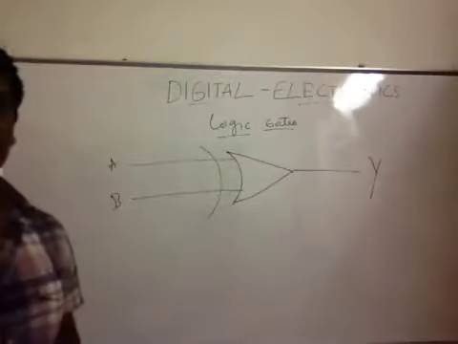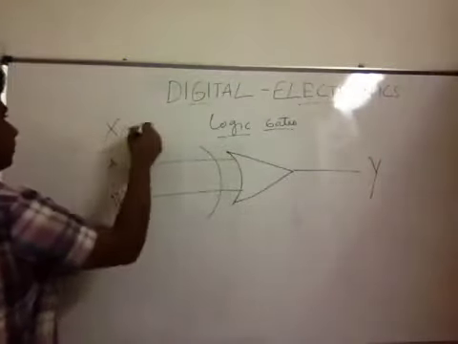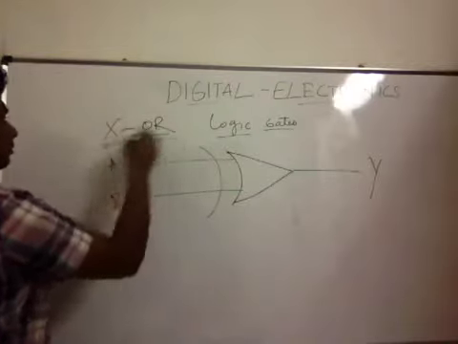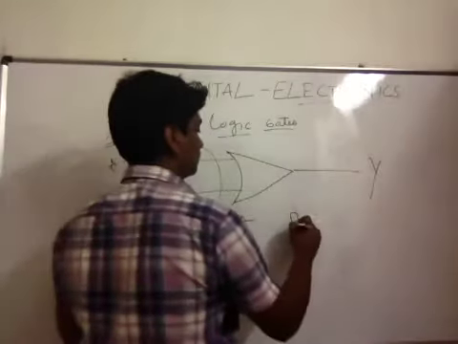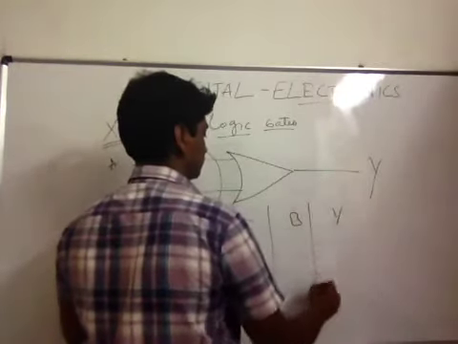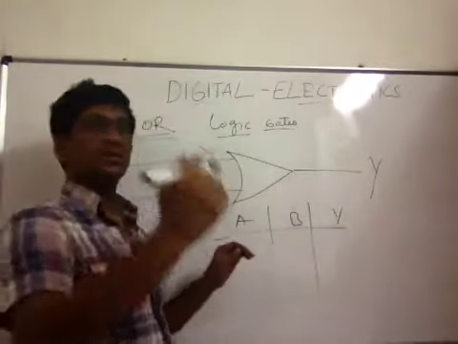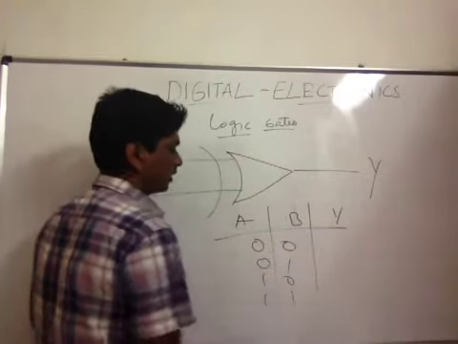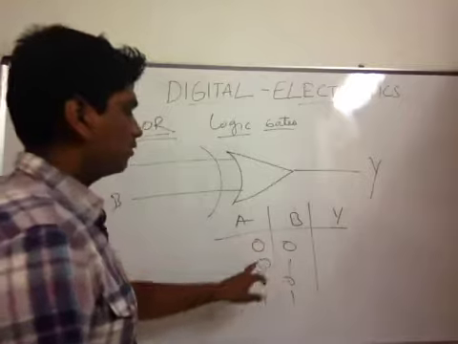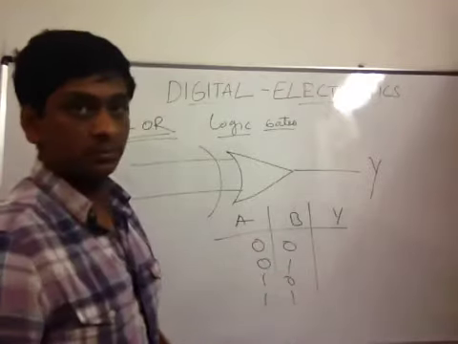This is XOR gate. In XOR gate, the truth table is something like this. Tell me the various combinations: 0, 0; 0, 1; 1, 0; 1, 1. A is off, on, off, on.